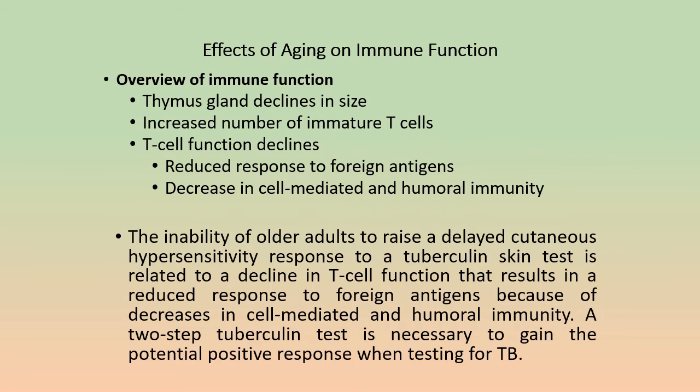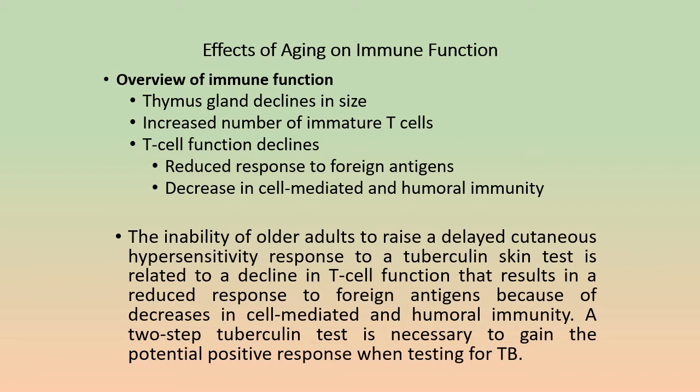Okay, so let's talk a little bit about the thymus gland. As you know, with advancement in age, the thymus gland does decline in size, and that's why there is a reduction in the immune response. There is also an increase in the number of immature T cells versus mature T cells, so the function of the T cell will be declining.